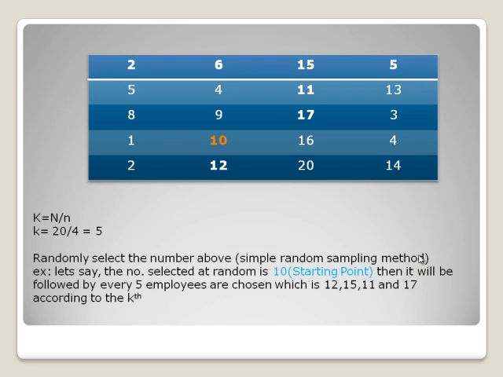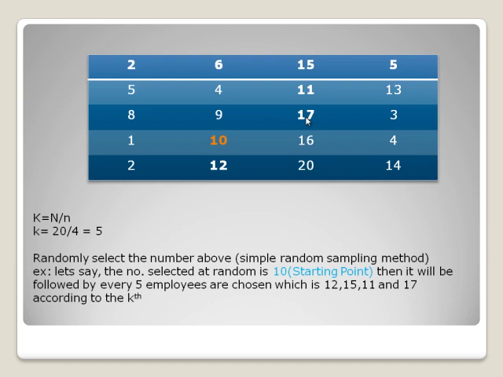Then the K that we obtain is 5. Hence, every 5th subject would be selected. Let's say our starting random number is 10. Therefore, the numbers chosen are 10, 12, 15, 11, and 17.